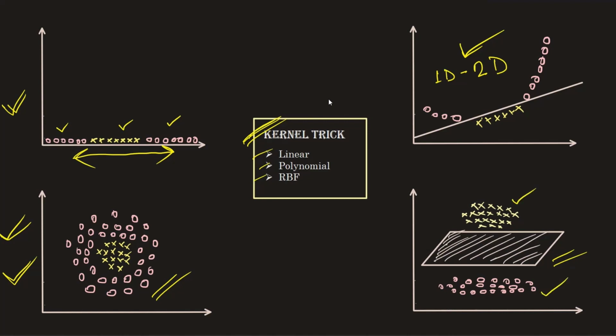In case you are not familiar with the term hyperplane, let me give you a super quick explanation. Let's say we are talking in terms of one dimension and we have two different classes. Then the separation boundary could be a simple point in a one-dimensional plane. Let's say we are talking in terms of two dimensions and we have data like this. In that case, the classification boundary will become a straight line like this, of course along with the margin and all. But let's say when we are talking in terms of higher dimension, we have three-dimensional data.